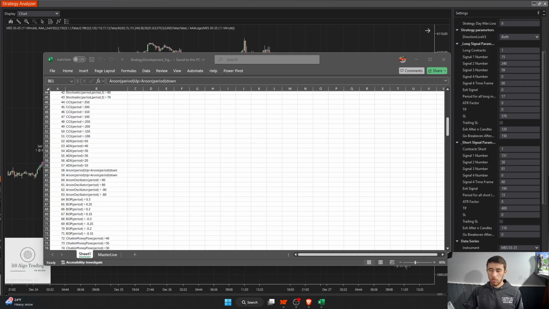then we want to enter long. And we're going to set a stop loss at CalculationMode.Ticks 570.